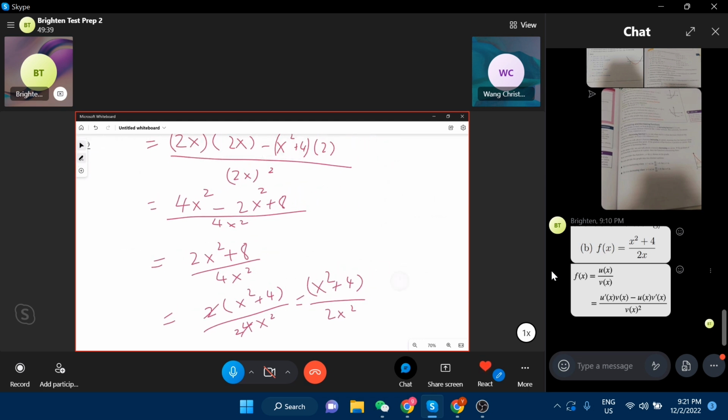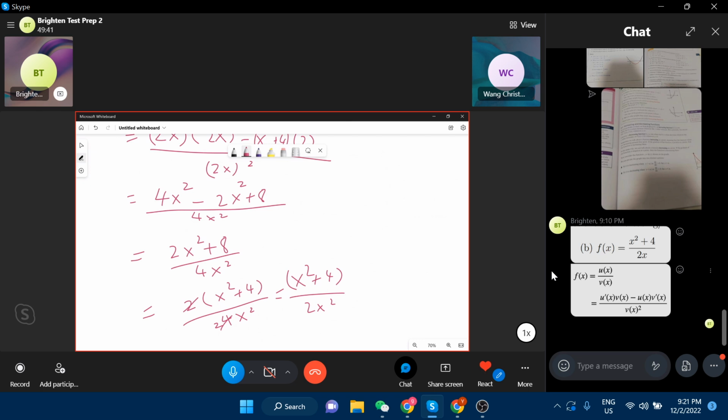So when I differentiate this, I should get x plus 2 and x minus 2 on the top, and I'll keep the bottom the same way. Yeah. Okay, so now we're almost there. So the roots on the top will be x equals negative 2 and x equals 2, right?